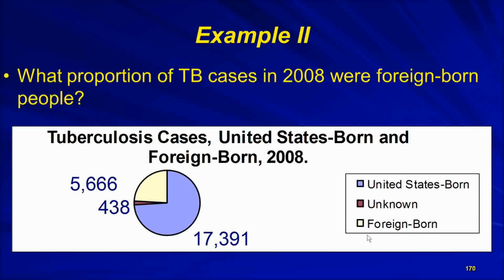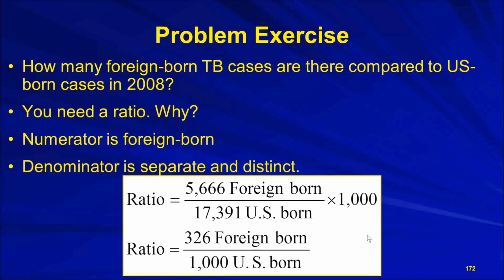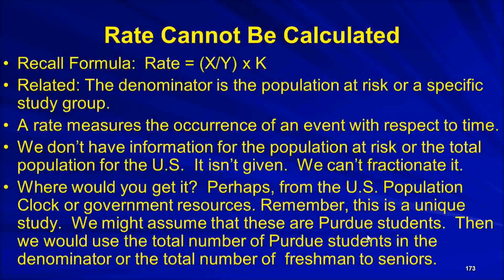If we were looking at U.S. born, 17,391, we would have to divide that by the total population, which would be 315 million plus. So that information isn't given to us in the problem, although we could get it very quickly through the population clock or other government resources.